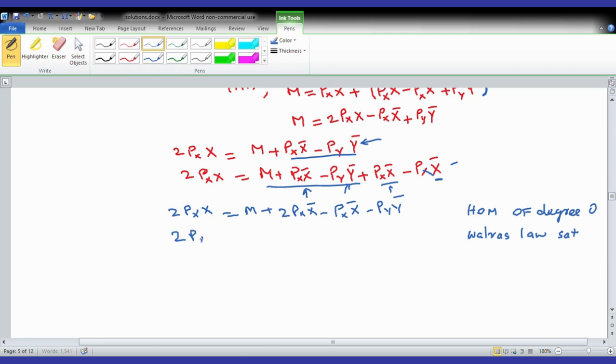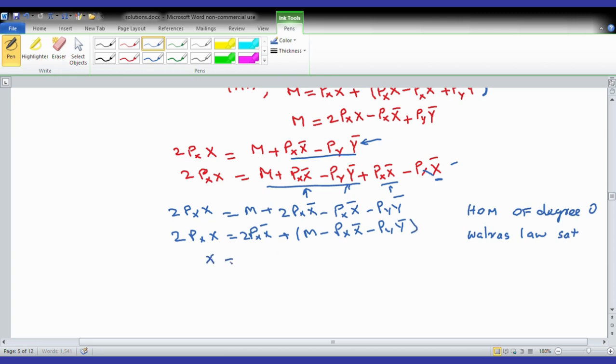2px x equal to 2 px x bar plus m minus px x bar minus py y bar, and I put this in bracket, and then I solve it for x.